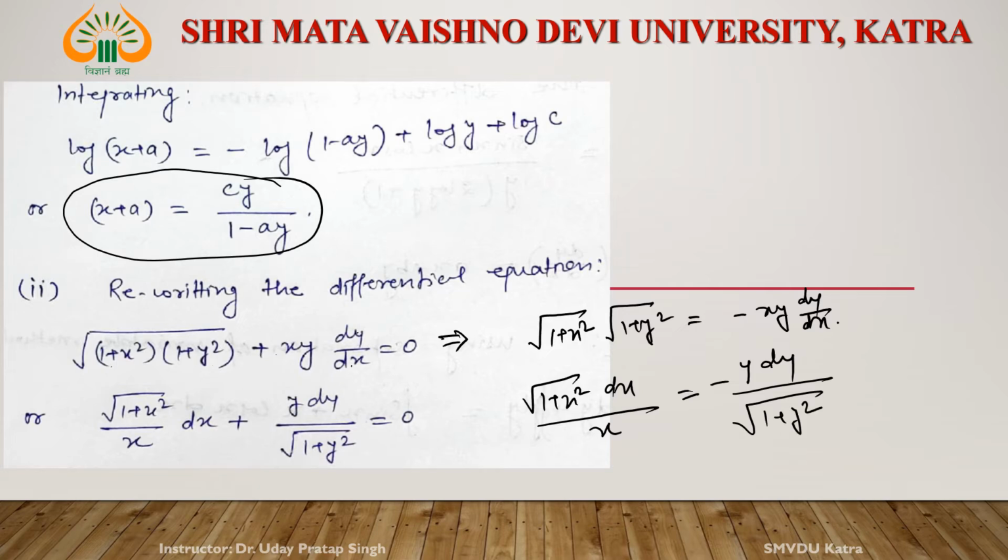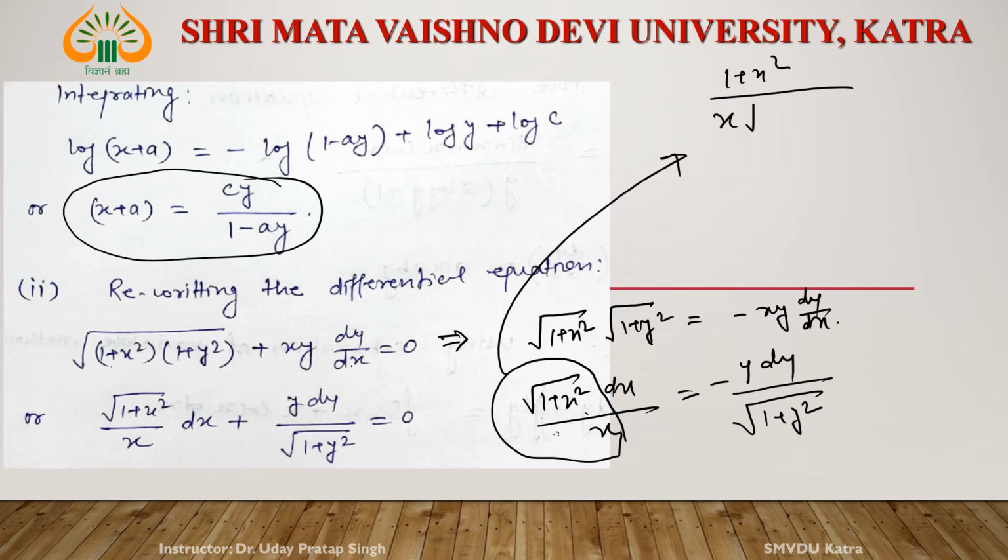This 1 plus x square we can rationalize: (1 plus x square) divided by x into square root of (1 plus x square) dx. The right hand side is okay, no problem. Let us consider 1 plus y square equal to z square, so it is easily integrable.